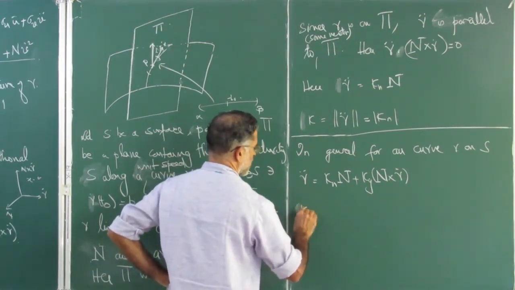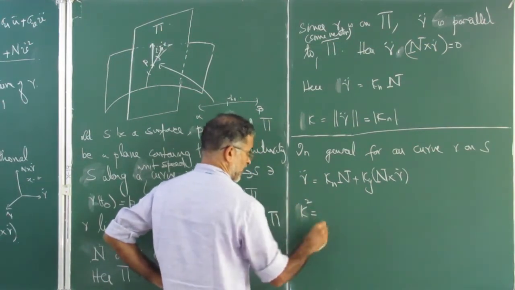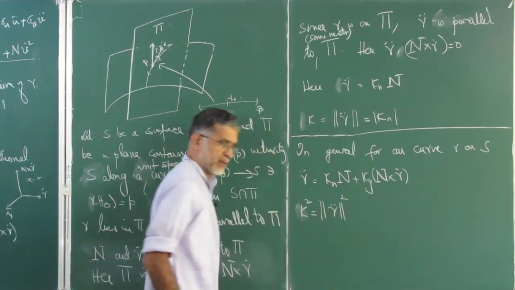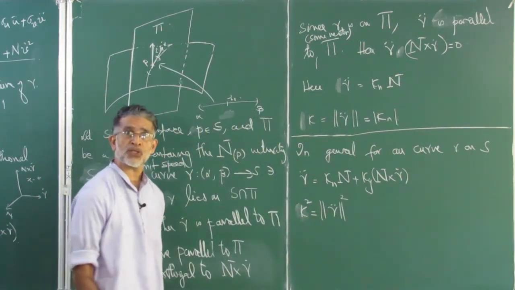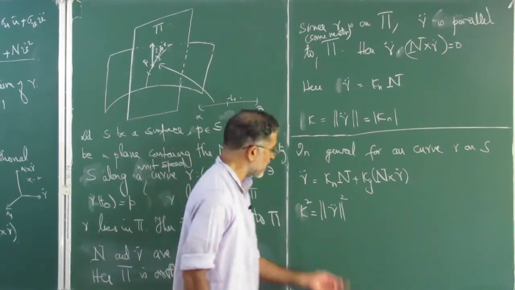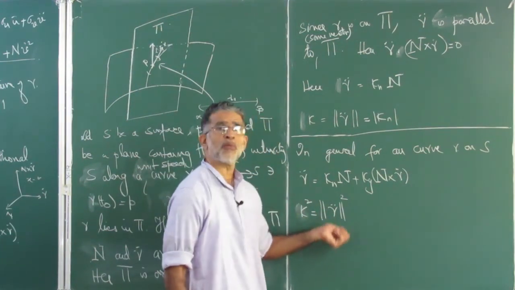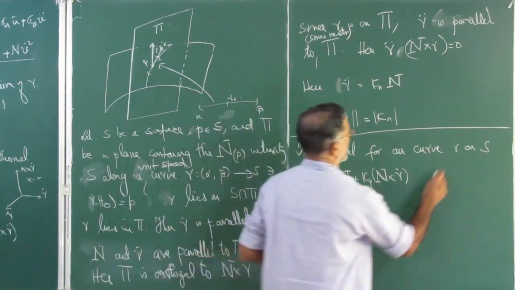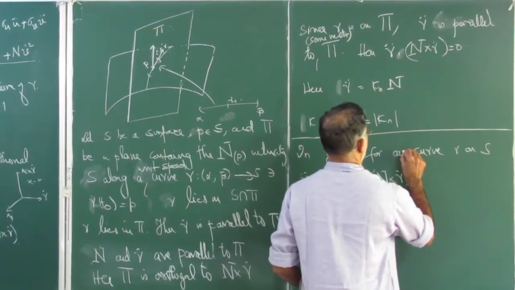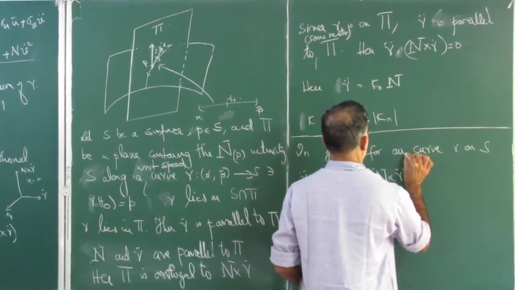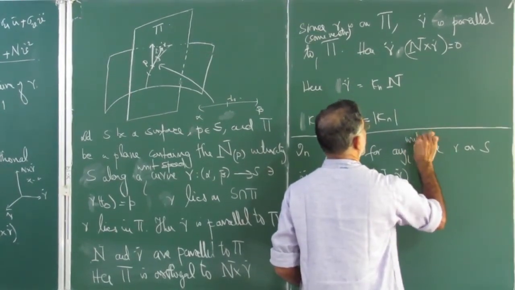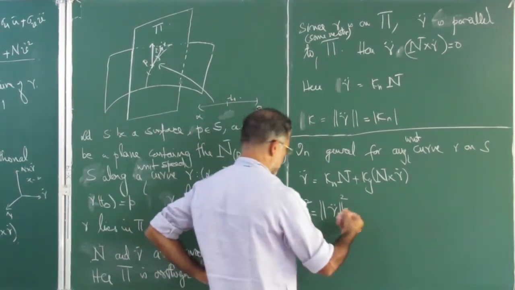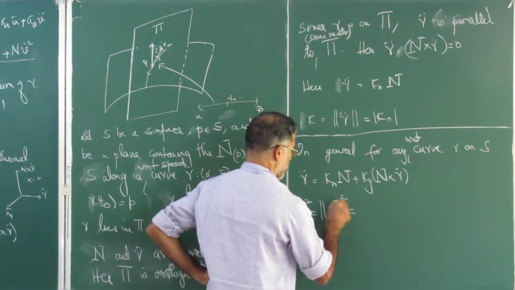Kappa square is the ordinary curvature that we studied at the beginning of the course. Take any curve in R3, the curvature is defined as the norm of gamma double dot, provided you have a unit speed parameterization, otherwise you need a little extra work.